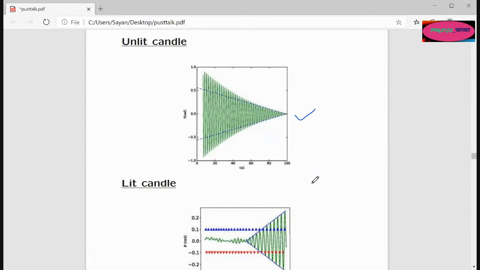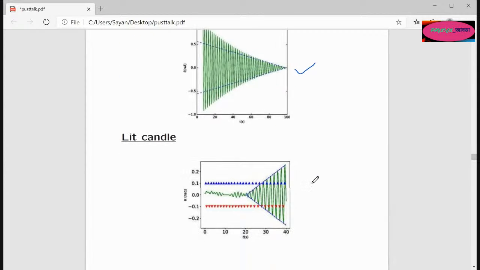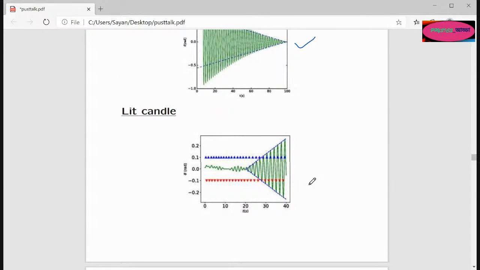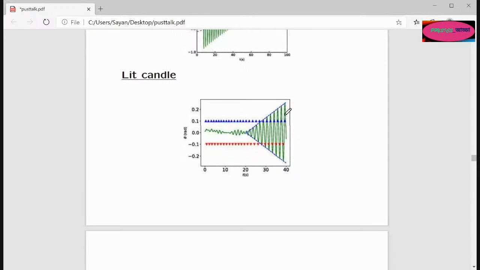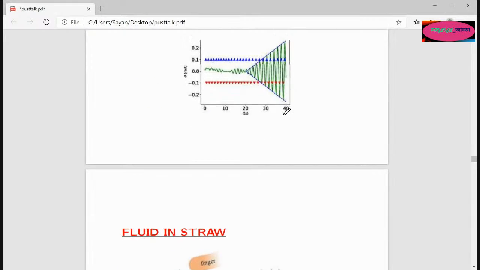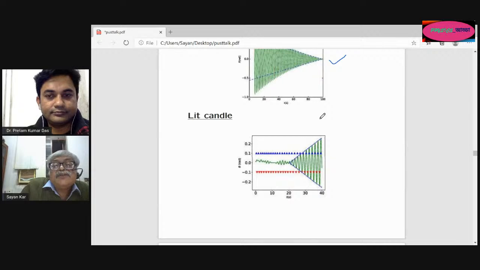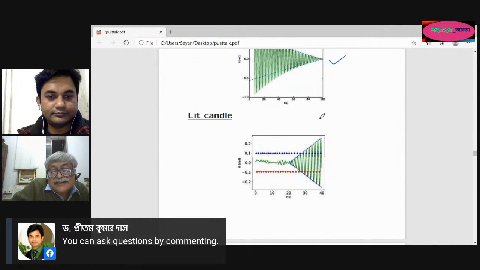But if you light both ends of the candle, then you see something strange. What you see is that the oscillations tend to grow with time. This is a very simple experiment which you can do yourself, and you will amuse yourself by doing it. But it is not something which is very easy to explain in theoretical terms.